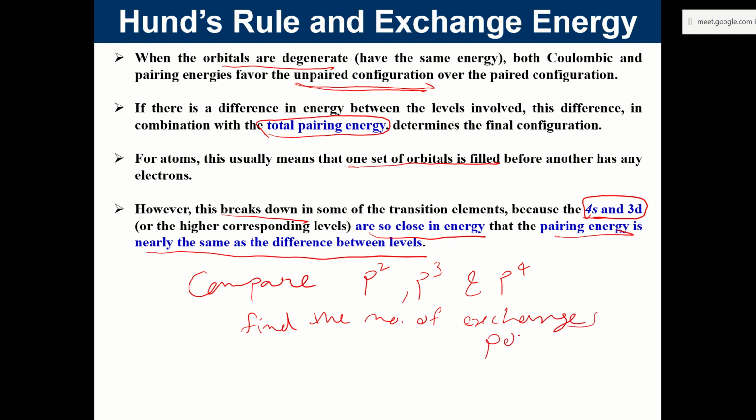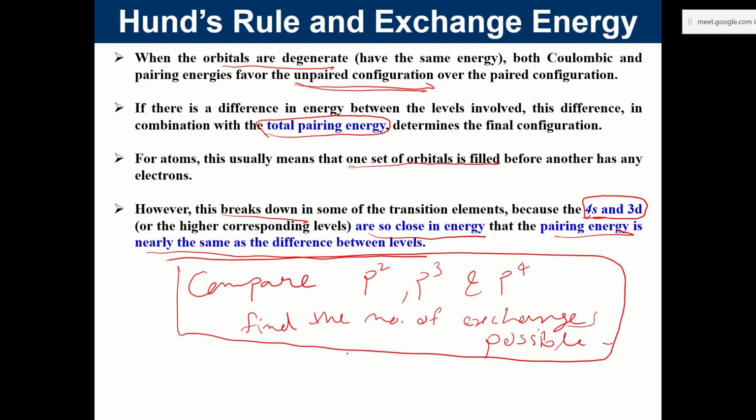So higher the exchange, greater will be the energy lowering. So which one is having it? Just we'll discuss this point again. So find which one is having the lowest energy. Which one has the lowest energy?